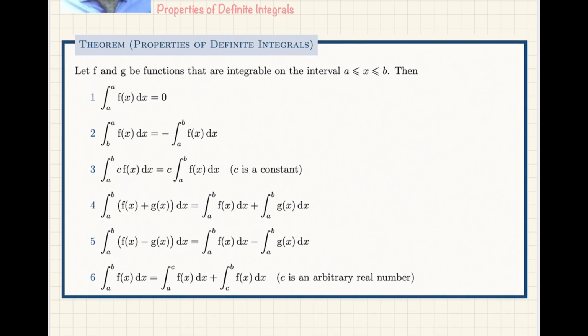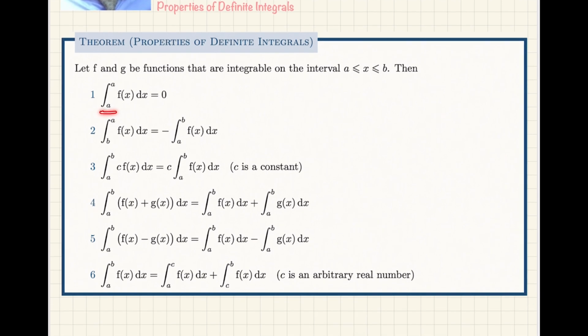Okay, so one thing that you need to know is if you have an integral from a to a, the answer to this integral is 0. Of course, if you want to see it from the definition point of view, we had this Riemann sum, k goes from 1 up to n, and then n goes to infinity.